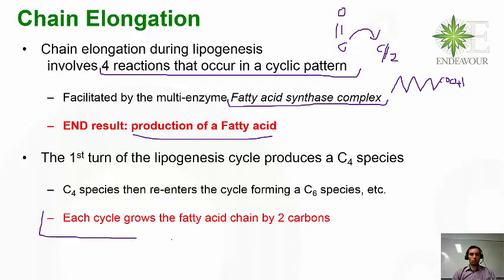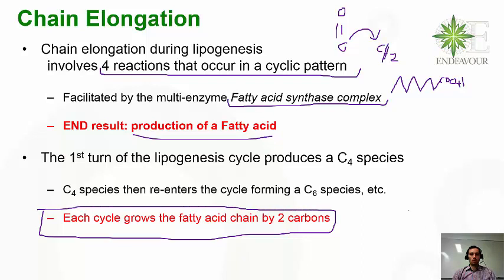So each cycle will grow the fatty acid by two carbons. And then once we've got that fatty acid that is two carbons longer, we can add it back into another lipogenesis cycle to extend it by another two carbons. So it will make sense how this works when we look at the individual steps.